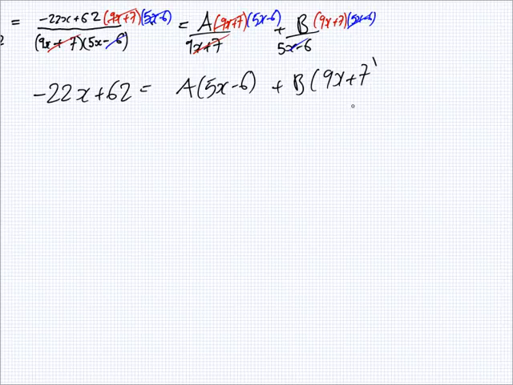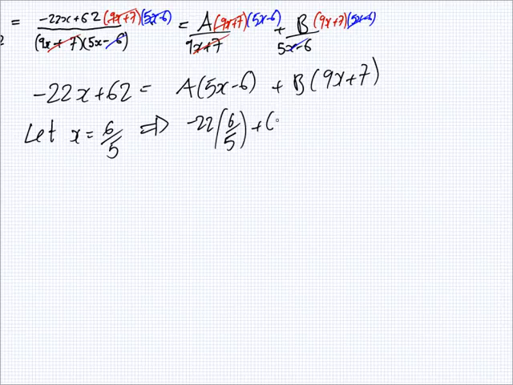So I'll use the second method. We'll say let x equal 6 over 5. Minus 22 times 6 over 5 plus 62 equals B times 9 times 6 over 5 plus 7.